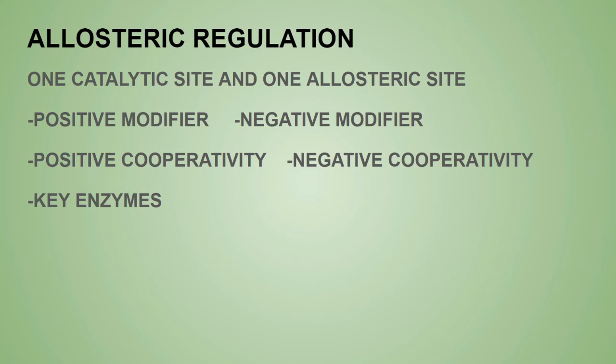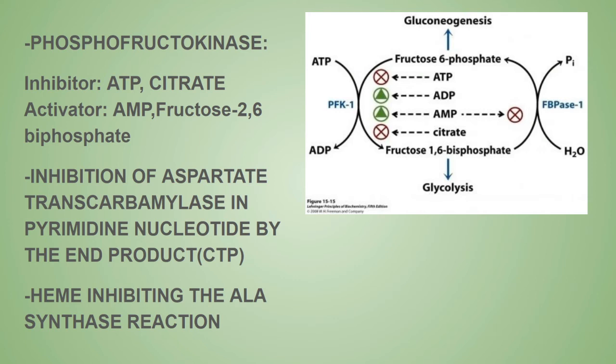Now, a very important example of this is the phosphofructokinase enzyme. In the glycolysis process, you should know that this phosphofructokinase is the rate limiting enzyme. If this is not present, then glycolysis will not go in the forward direction. Now, we have over here two things, inhibitor and activator.